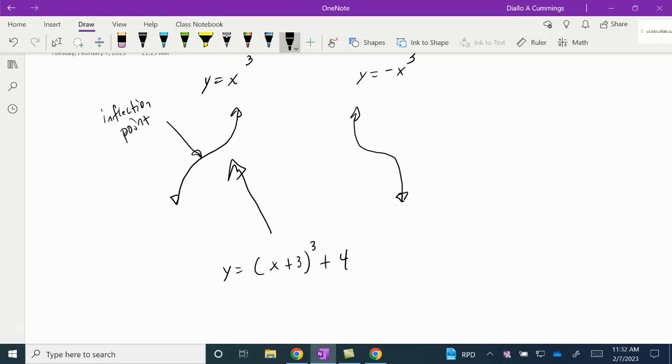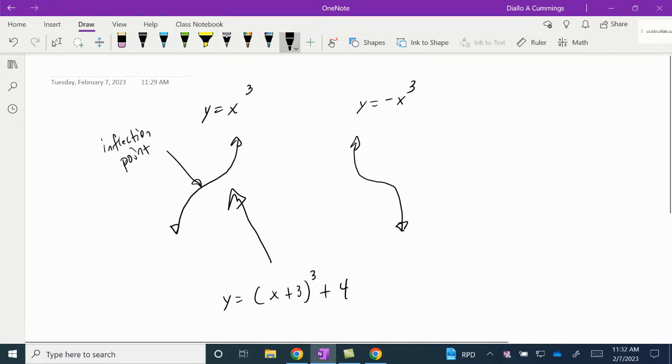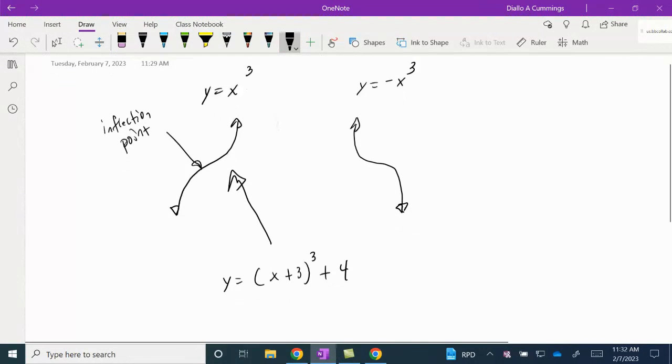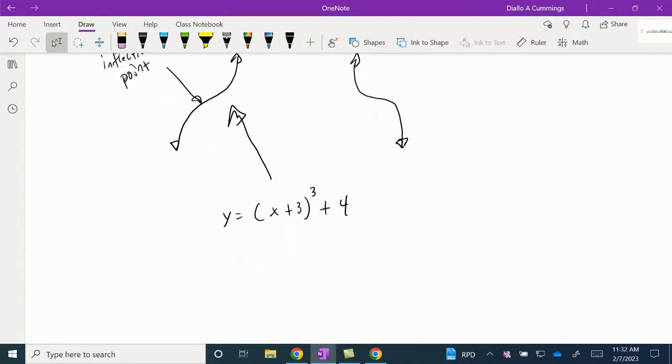A concave up graph will actually hold water if you pour it into your graph. A concave down graph will not hold water. So we can see from this first graph, y is equal to x cubed, it changes from concave down to concave up.